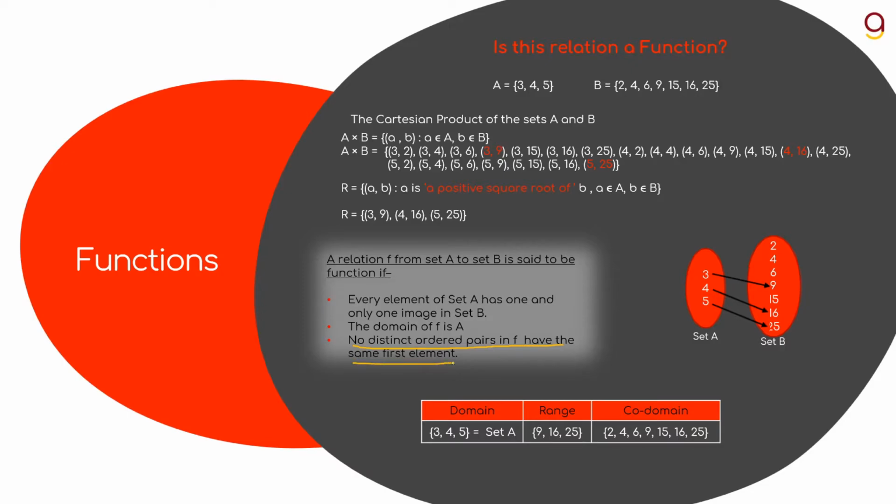As you can see here, no ordered pairs have the same first elements: (3, 9), (4, 16) and (5, 25). Here each ordered pair has distinct first element. So, as all the 3 criteria are met, we can say that this relation is a function.